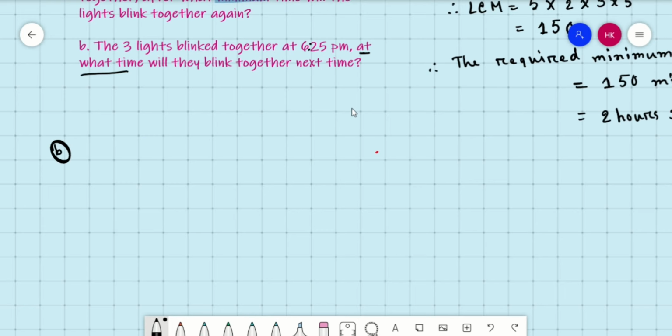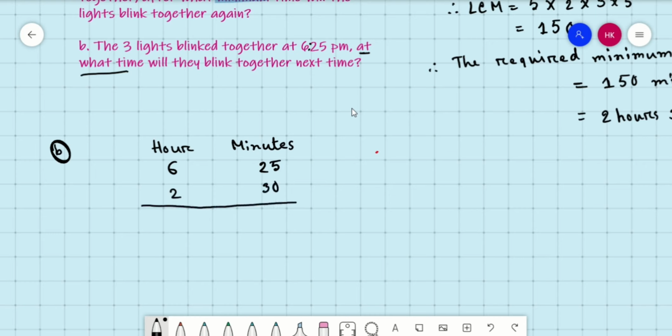So at first they blink at 6:25 p.m. So we need to just do math by writing like this: hours, minutes. We just do the addition of hour and minute. So at first it was 6 and 25, and then it was 2 hours 30 minutes.